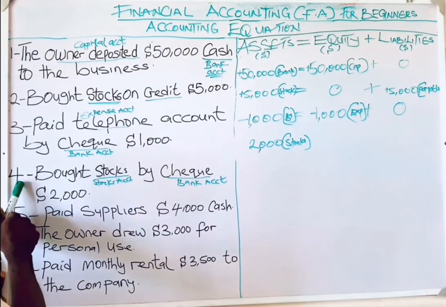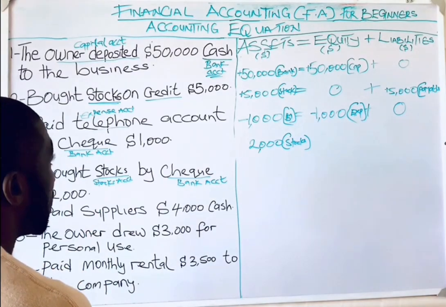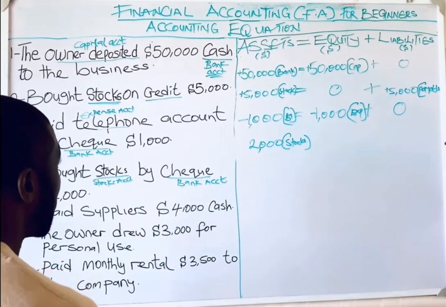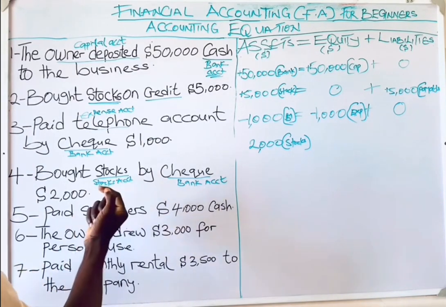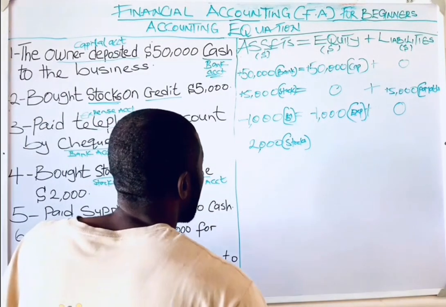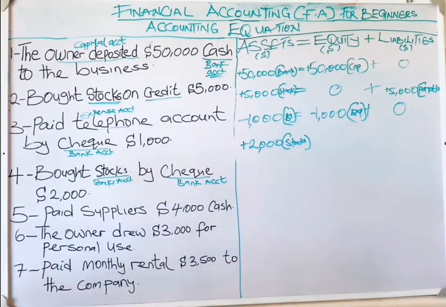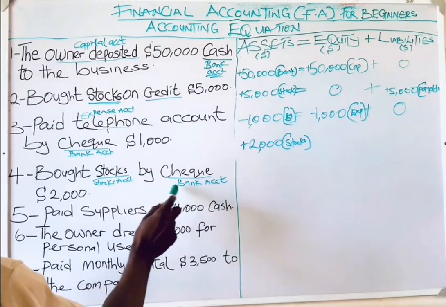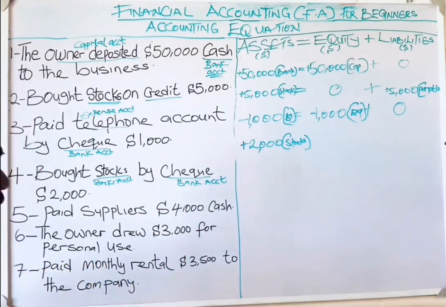For the fourth transaction, transaction 4, we say it is stock account, and our stock is assets. Since we bought it, our stock is increasing, so it will be a positive stock value. Now by check, which is bank account. Don't forget, bank is also under the assets column. Bank is our asset too.